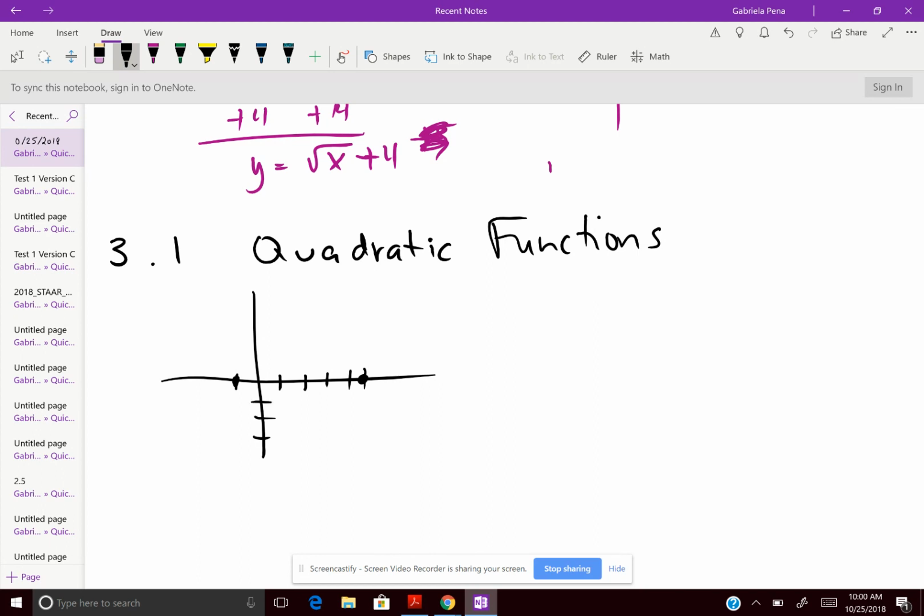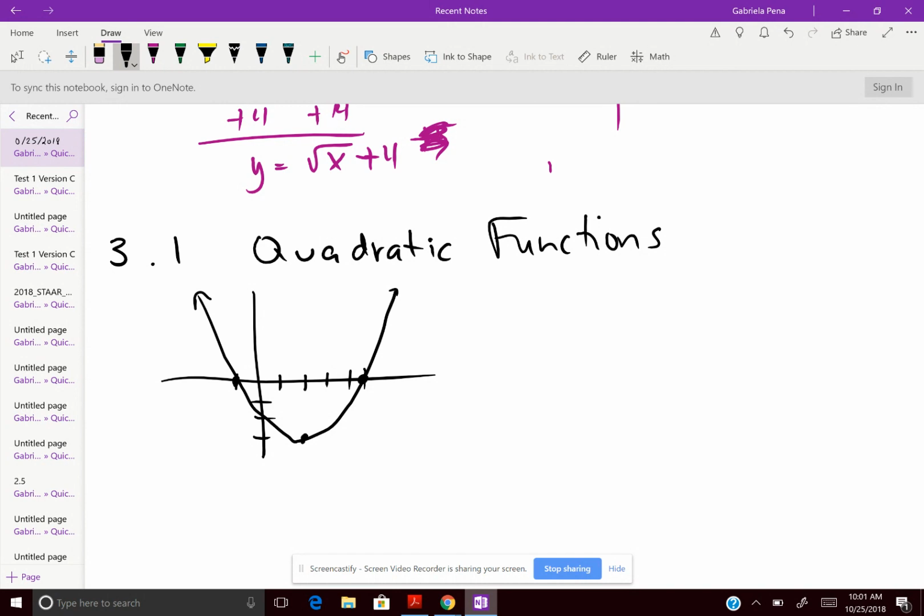Let's put one at (2, -3). And we're going to say this is the beautiful graph. Amazing, right?